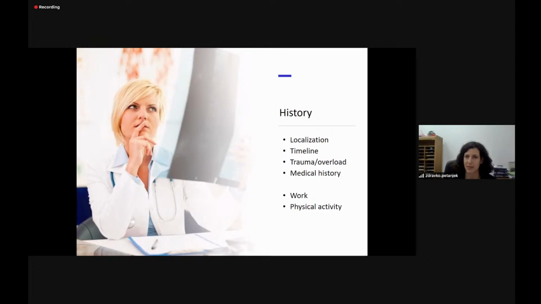You always have to ask about the medical history. We are especially careful about cancer patients, because some cancers give more bone metastases than others. And you always have to have that thought in the back of your mind, not to miss that kind of cause.